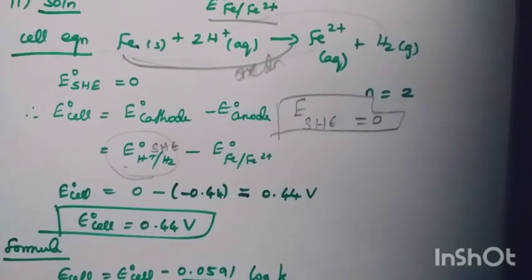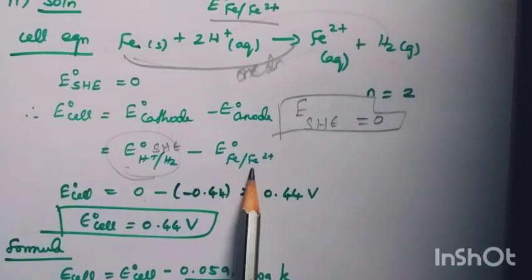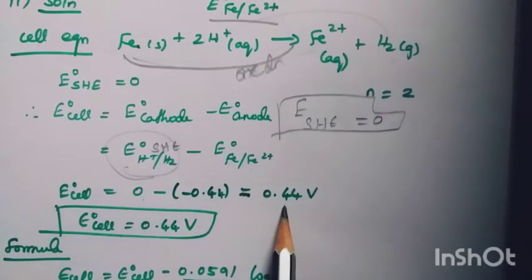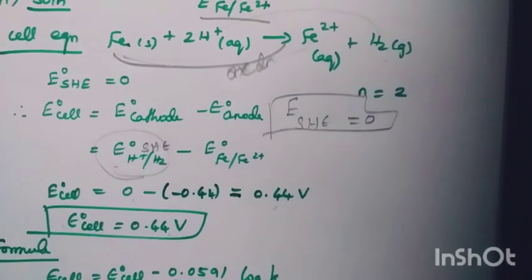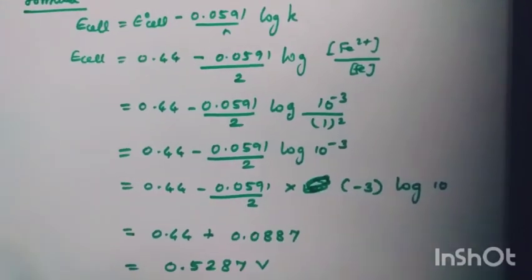So the E naught of the cell is equal to this, with the SHE value as 0 and the Fe2 plus value given, so we can write it like this. We find the E naught value now, then we can calculate the EMF of the cell.